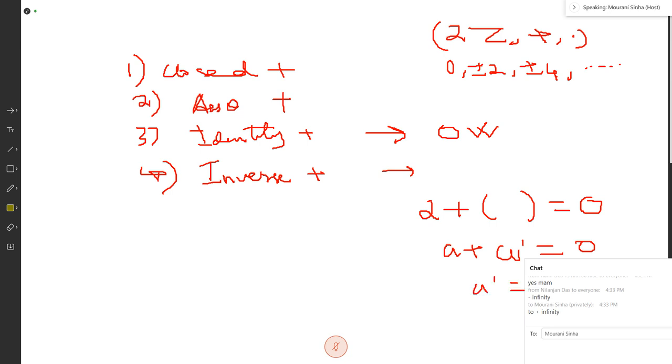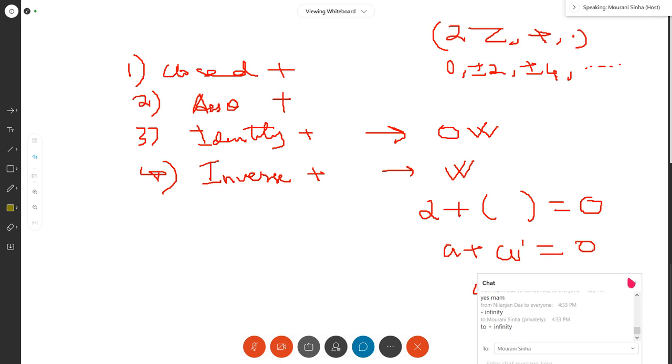The negative of any even number is another even number, so the inverse will exist under addition. Fifth, commutative.